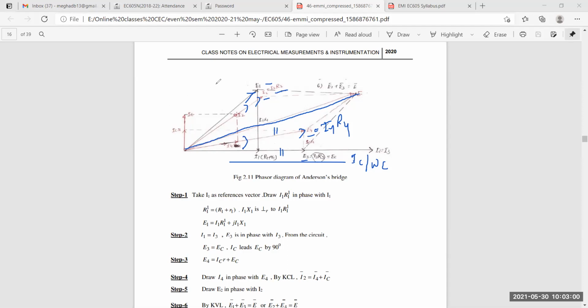Again, you will see that from E1 to E, this line has been joined, so that we can form a confined structure for the resultant E. For E1, we can write the formula I1 omega L1. E2 I told you: I2R2. E4 is I4R4, and E3 I told you.